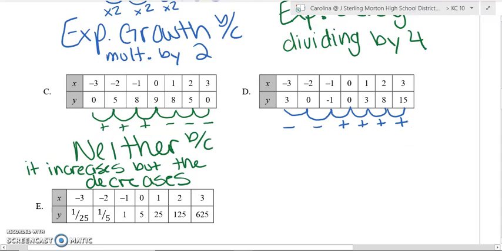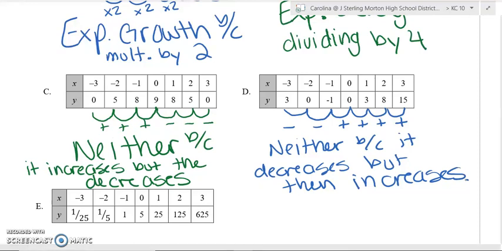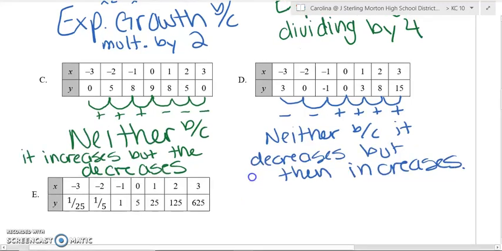So same thing like table C. This would be neither, because it decreases, but then increases. Again, whenever you notice a problem that starts to flip-flop like that, that's an automatic indicator that it's not going to be exponential growth. It's not going to be exponential decay. It has to be consistent throughout the table.